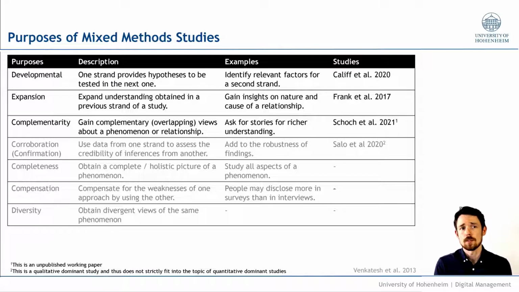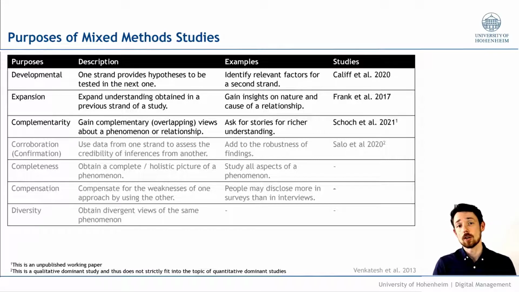A second purpose would be an expansion purpose. Description, again, is to expand an understanding obtained in a previous strand of a study. For example, you could gain insights on the nature and cause of a relationship that you have previously tested in a quantitative study.